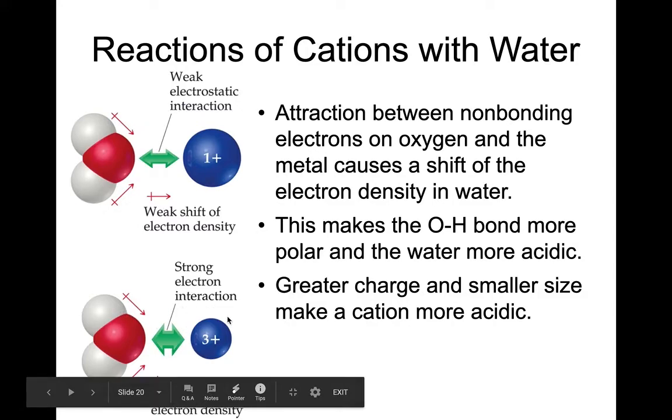And the smaller the size that the cation has, the stronger it's able to pull. Remember, small size means that there is still a pretty strong force here at the outer boundary of this atom from the inner protons in the nucleus. Here, in contrast, we've got a bigger atom.